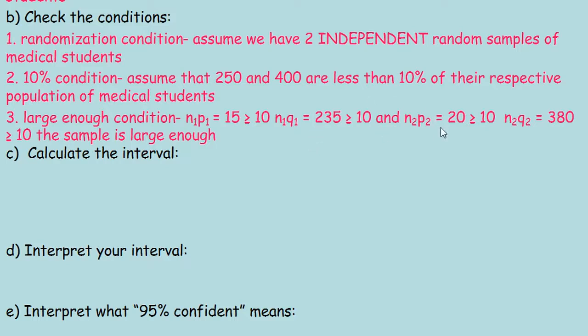And then you do the same thing for the Hispanics. So for the Hispanic, the sample was 400, and 20 of them were Hispanic. And then the rest, the 380, were not. So for the large enough condition, you just have to check that the number of successes is at least 10, and then the complement is at least 10.